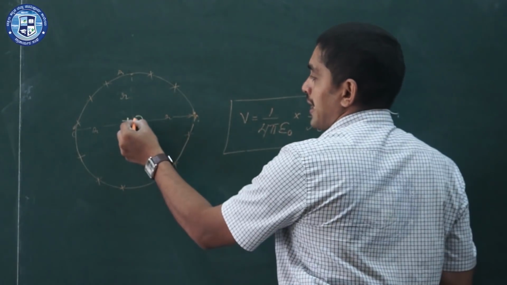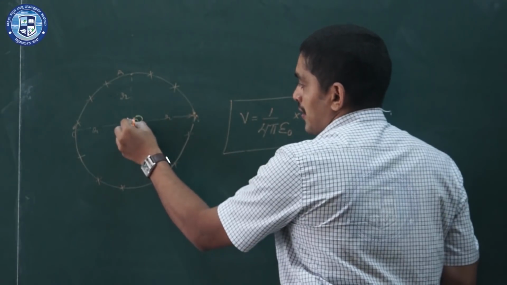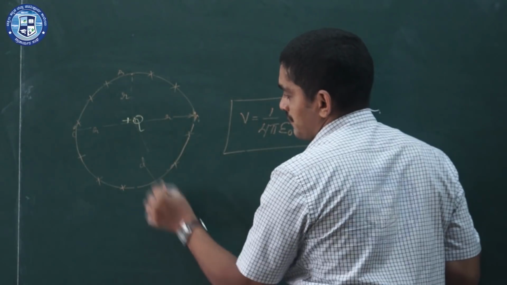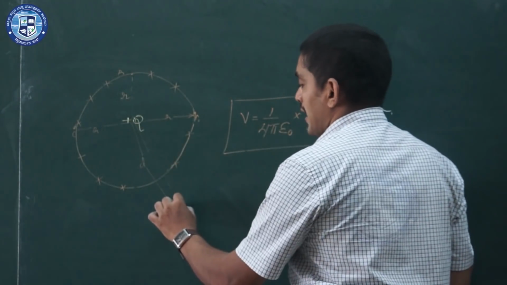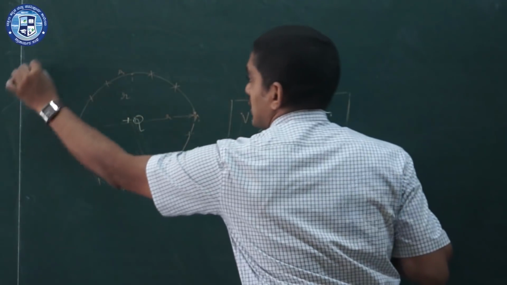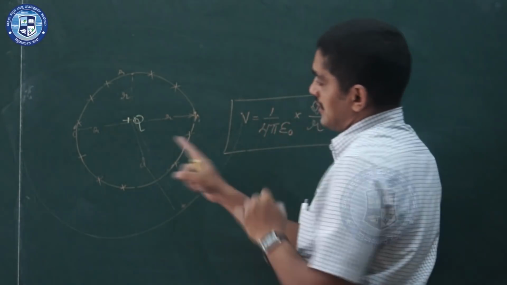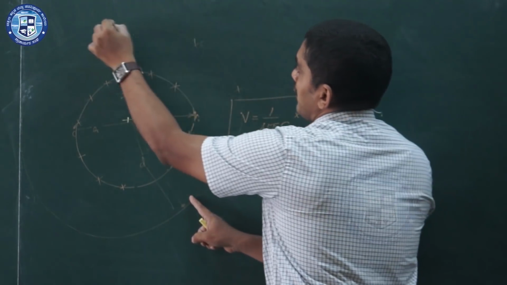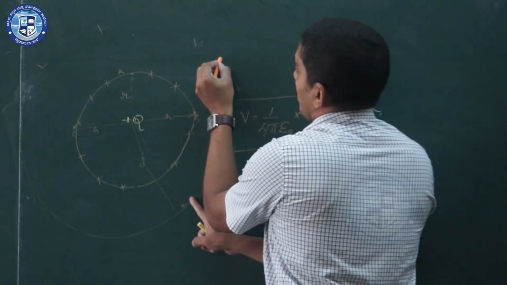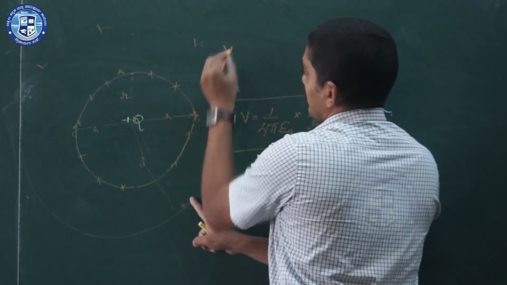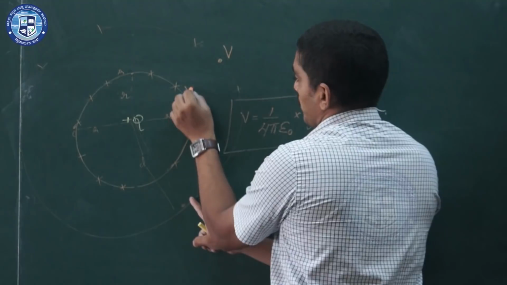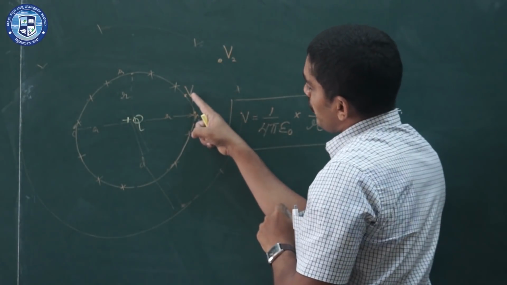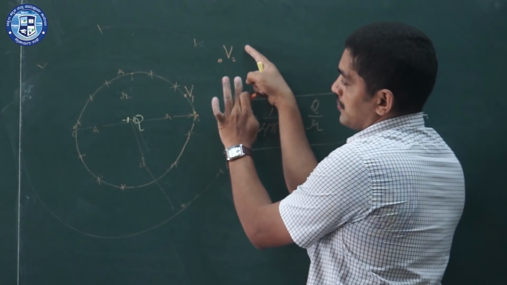Now, if I take one more distance, say a point at a distance of D, I can imagine another circle with radius D, on which every point has the same potential. But if I take the potential on the first circle as V1, then on the second circle the potential V2 is not equal to V1.